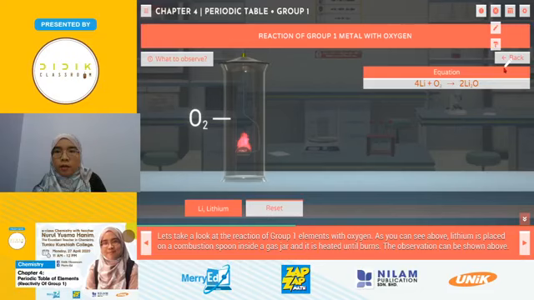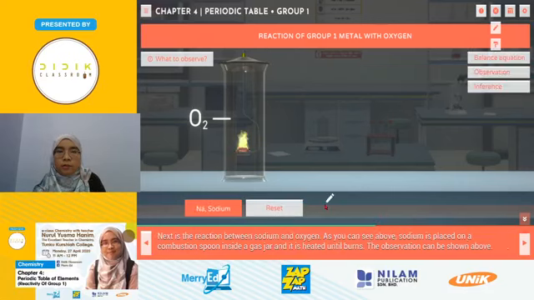And now we move to sodium. Sodium reacts with oxygen to form sodium oxide. Sodium burns brightly with yellow flame and produces a white solid, which is sodium oxide.